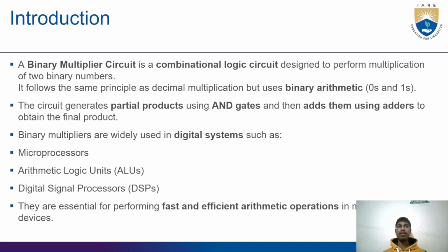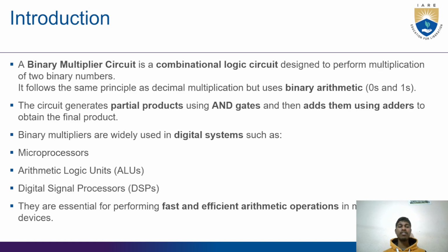When you write a one beside a zero or a zero beside a one, that is known as a binary number. So when you perform multiplication on two numbers, there is a result in a binary multiplier circuit. That is what it is.